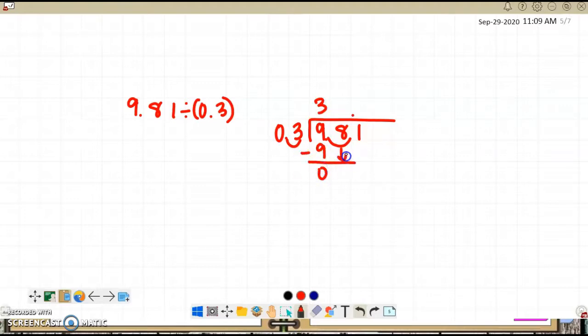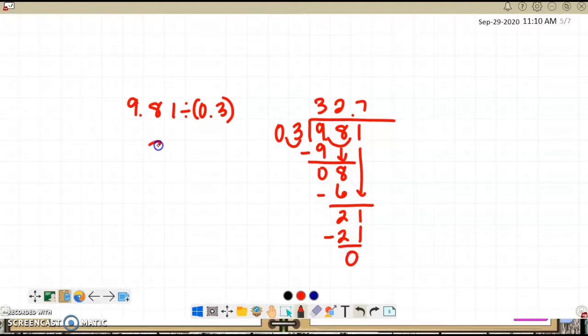Bring down the 8. 3 will go into 8 2 times. Subtract 6, that's 2 left over. Bring down the 1. 3 will go into 21 7 times. And it's a positive divided by a positive, so my answer is 32 7/10.